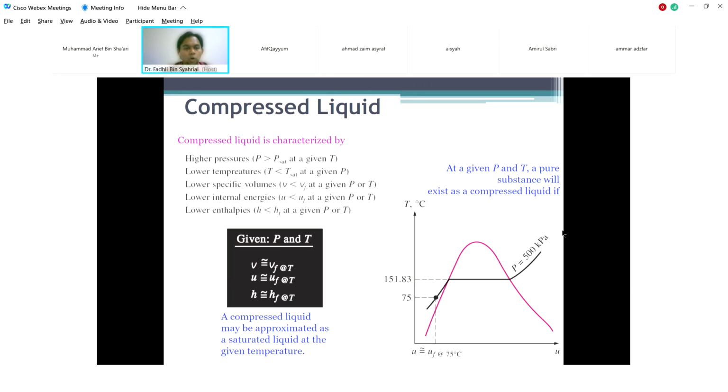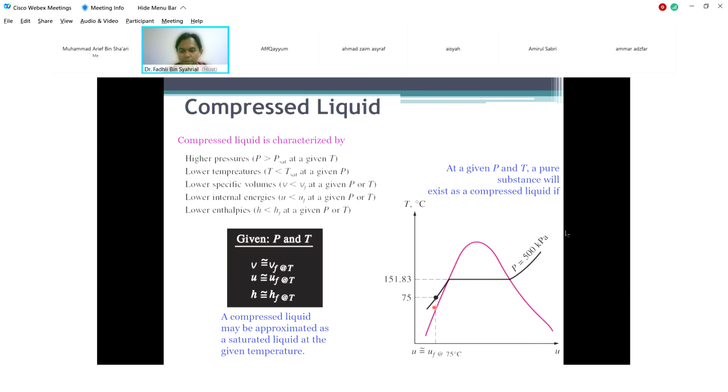Okay. So for the compressed liquid, they have characteristics. The first one is it has higher pressure than P saturation. For example, here we have a T versus V diagram. This is the curve and this is the constant pressure line.